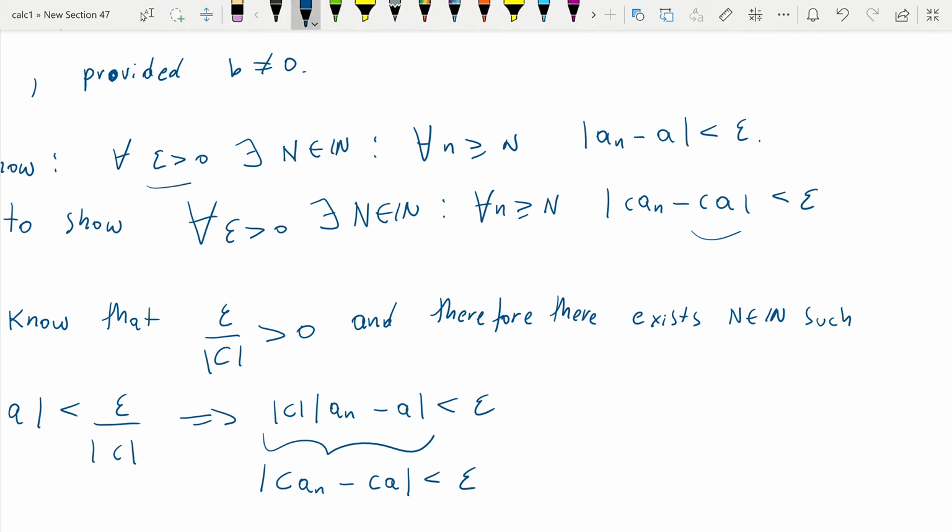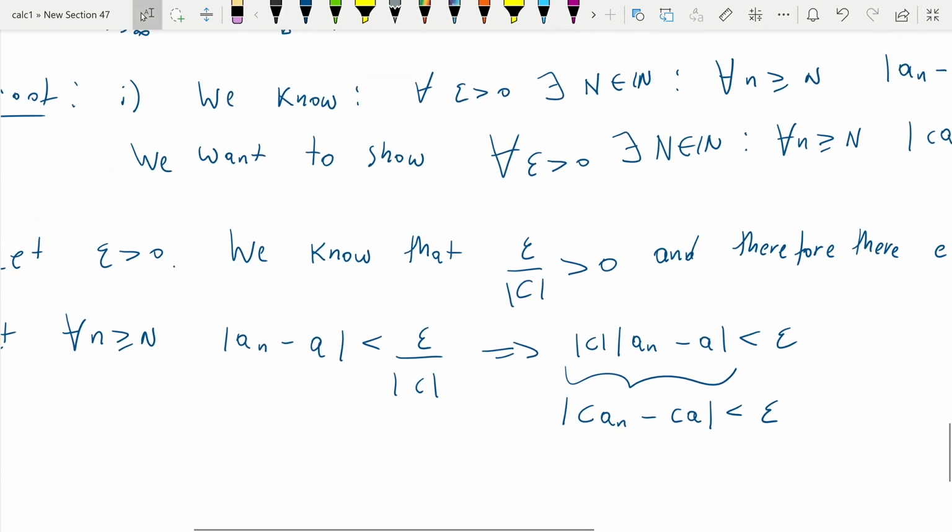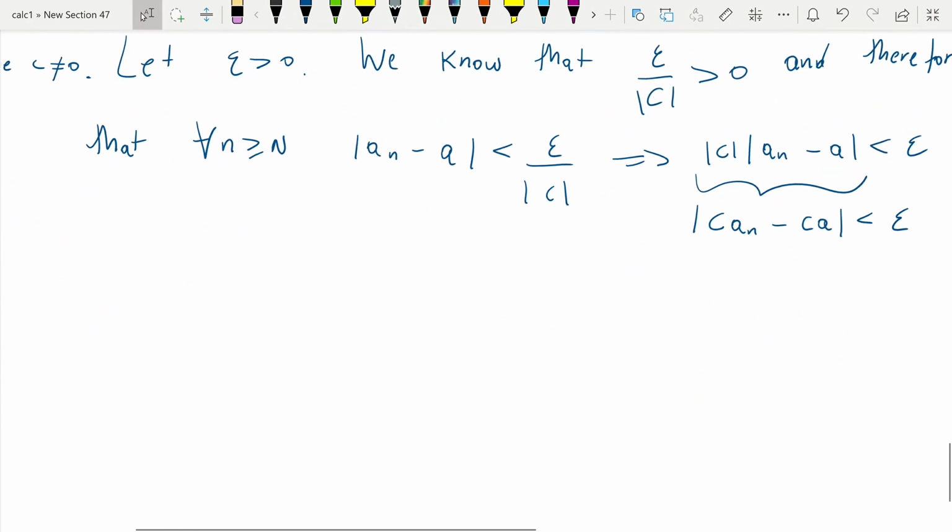For each epsilon we have an N. For epsilon over the absolute value of c we have some N, and that's going to be the N we need down here for epsilon. So that proves it.